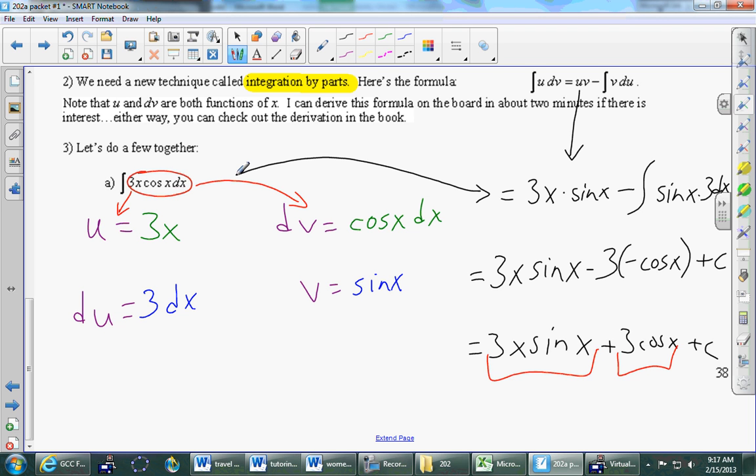Okay, one observation here. The first thing I wrote down in green was the other choice. I had cosine of x here and 3x dx over there. And I said that was a bad choice. So let's talk about why that's a bad choice. How do you know which one you should put into which slot? Okay, what do you do to cosine in this case to go down this column?